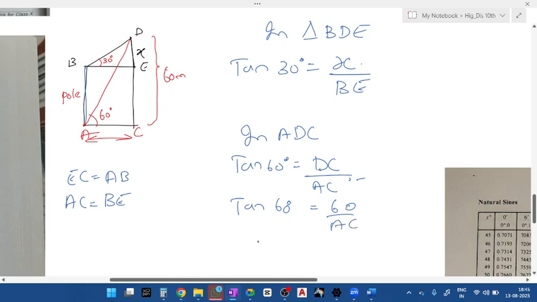What is tan 60? Root 3 is equal to 60 by AC. Find the value of AC. That's it. Simple question. We are done. If you find the value of AC, substitute in BE. AC and BE are the same. Draw the diagram, complete it.